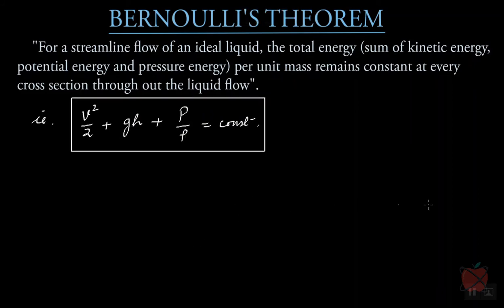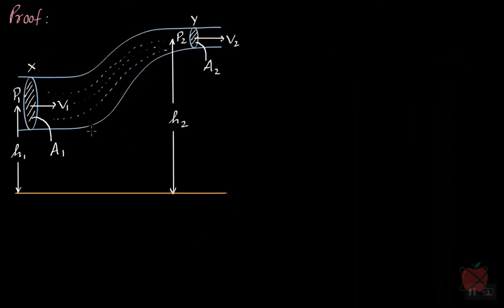Let us prove this expression. As shown in this diagram, there is a pipe, the one drawn in gray color. This is a pipe having varying area of cross-section. You can clearly see here that the area of cross-section is large, let's call that A1, and here the area of cross-section is small, let's call that A2.